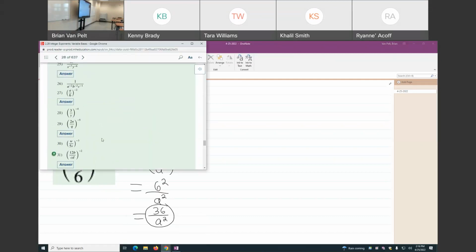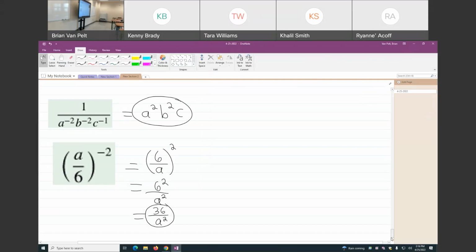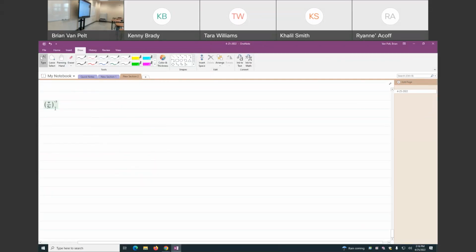Let's grab something a little more complicated then. Let's grab number 30. Same deal, squared from W to the third.